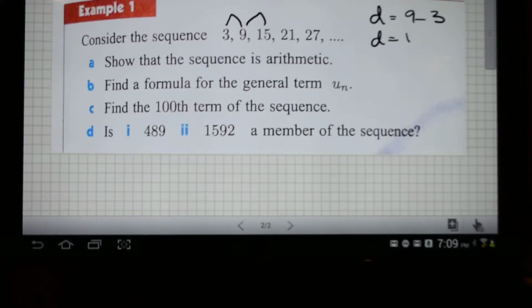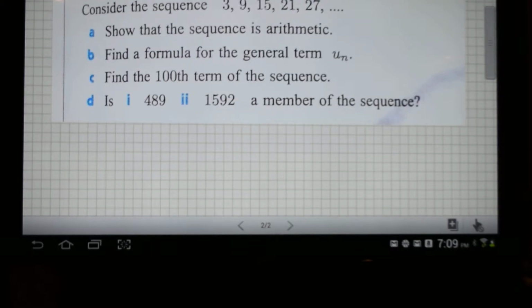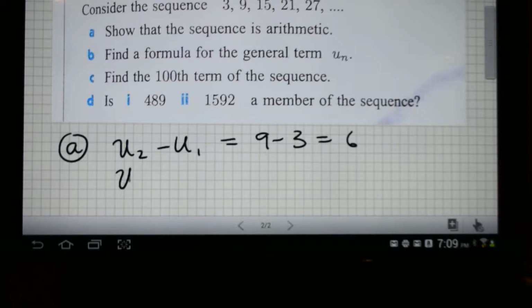You might be like, why do I have to do it that way? Well, that's how you're expected to do it in IB. So formally it would be U2 minus U1, because U2 minus U1 is equal to 9 minus 3, which equals 6. And then we have to do at least 2 pairs. U3, for obvious reasons, minus U2 is 15 minus 9, which equals 6.